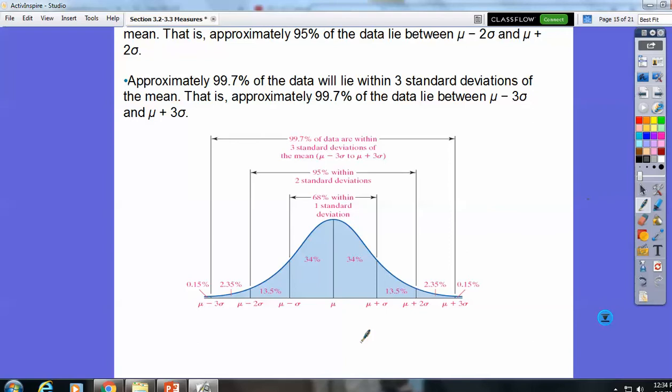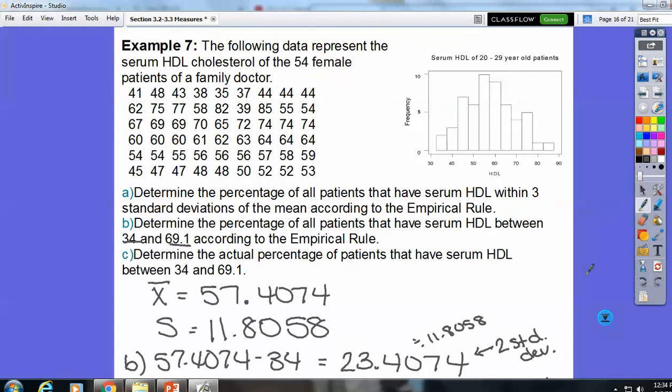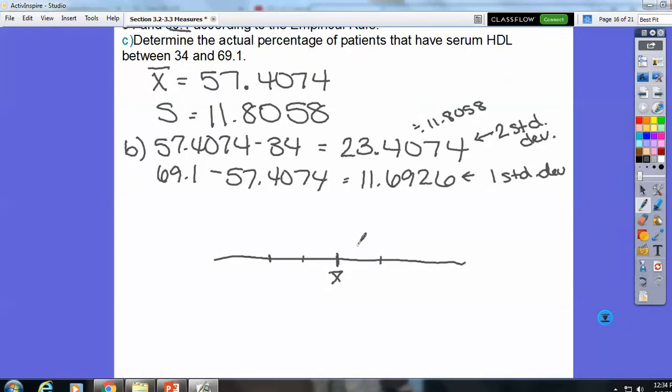So that means 1 standard deviation above the mean is actually what percent? 34. You take the 68, half of that's above and half of that's below, so that's 34, right? So this part right here, the 1 standard deviation above, that would be 34% of my data. And the 1 standard deviation below is 34%, right?